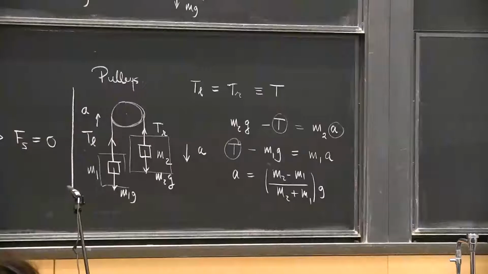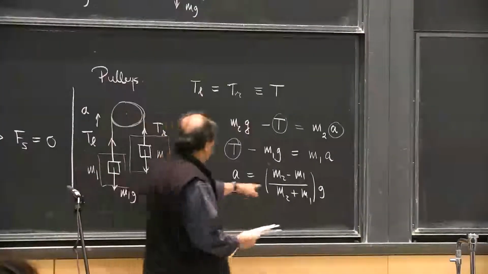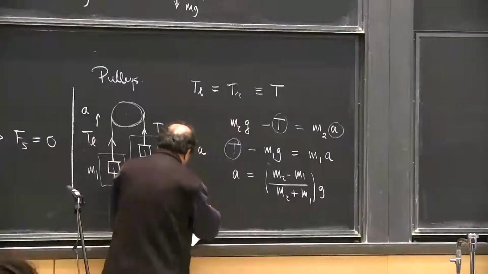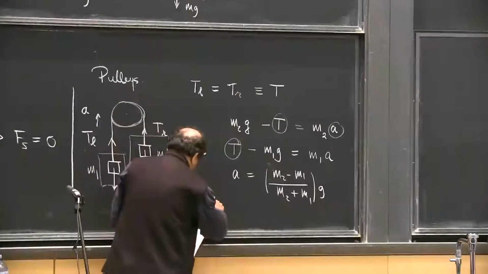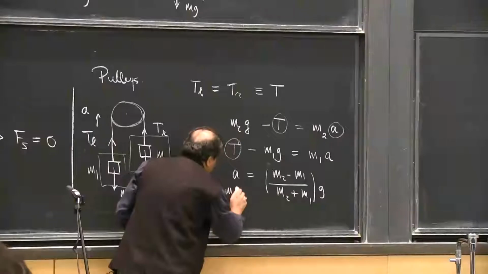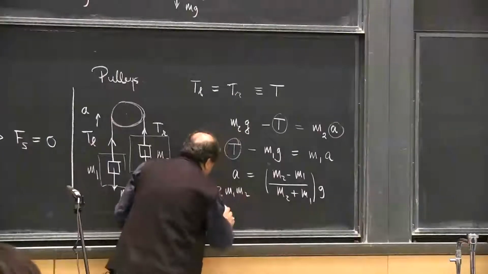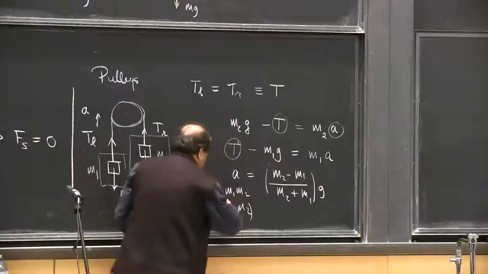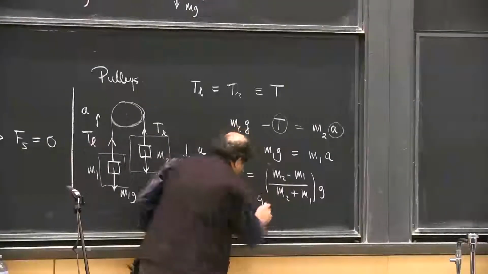The tension, on the other hand, if you now stick this acceleration formula in, is T equal to 2m1m2 over (m1 plus m2), times g.